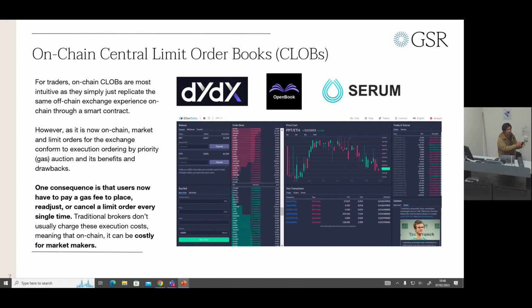Would you like it to be processed at the top of the block? Would you like it to be processed, say, 7th out of the list of other pending orders? That adds a bit of complexity you might need to think about, especially when it comes to trading on the blockchain.